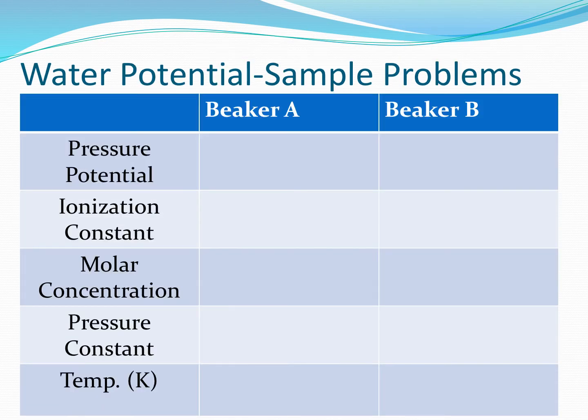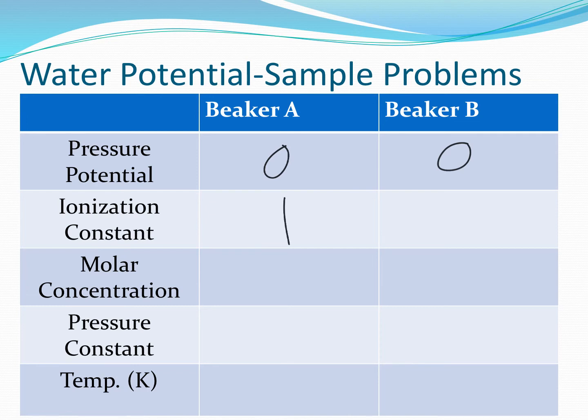Here's the problem that you have, number 1. If you work through that problem, filling in the symbols based on the information you're given, these are both open beakers, so their pressure potential will both be 0. So I would fill those in, 0, 0. The ionization constant for beaker A, that's sucrose or sugar, is 1.